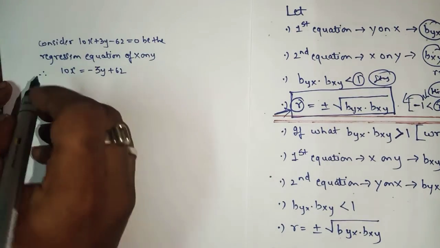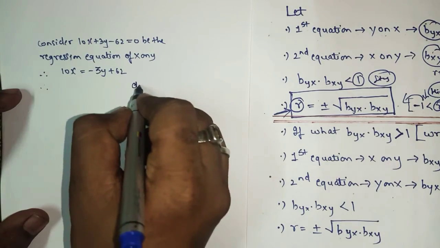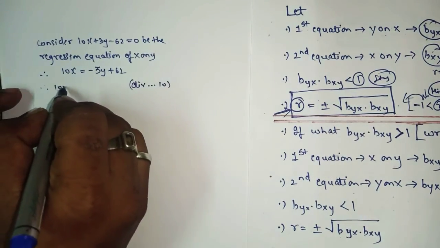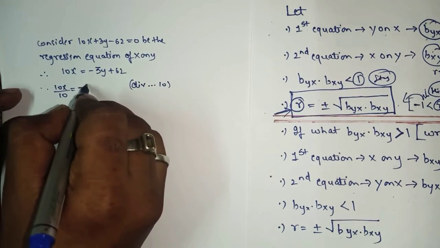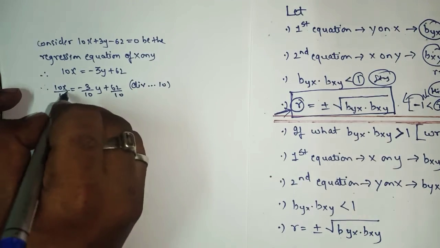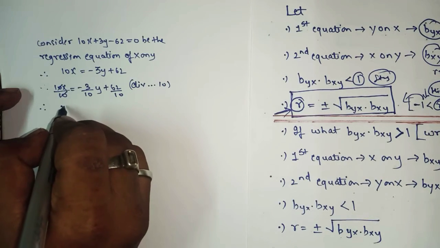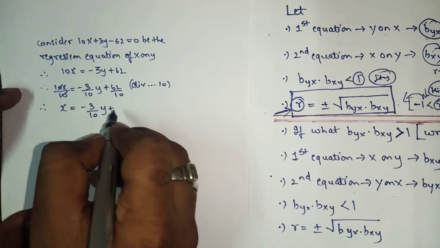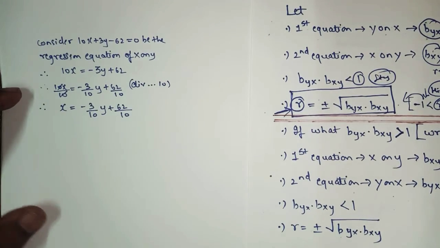Yes or no? After dividing throughout by 10, so here we'll get 10x upon 10 equals to minus 3y upon 10 plus 62 upon 10. So therefore x will be equal to minus 3 upon 10 y plus 62 upon 10.